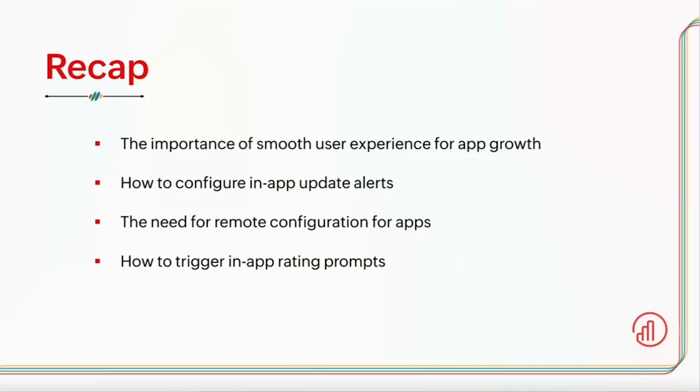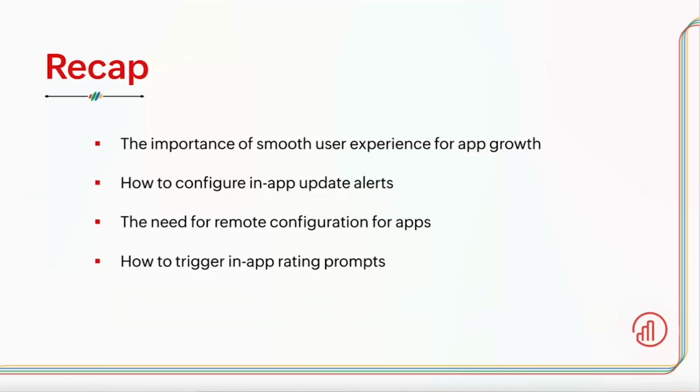And then we also saw remote configuration, a feature in Apptics which helps you maintain the balance between both the quality as well as the quantity of updates that you release for your app. And then we have in-app ratings, which helps you set dynamic criteria based on which you can show the latest prompts.